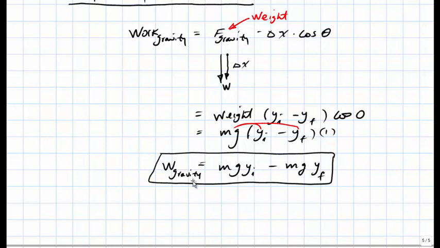Here's the equation that represents the work done by gravity, and if we allow the object to descend to a final position of 0, in other words, we're going to allow it to reach the reference location, then y final just goes to 0, and the work done by gravity will just equal mg times y initial. This is precisely the amount of gravitational potential energy that is contained by the object.